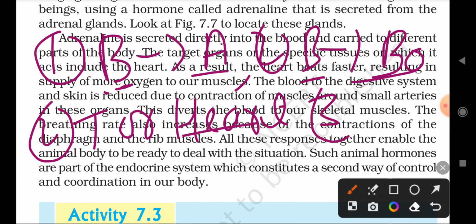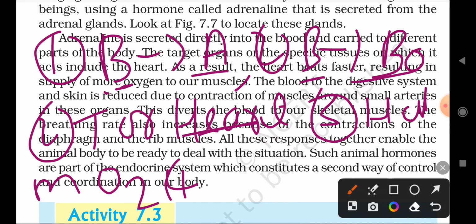Third point: if the adrenal hormone acts on the heart, the breathing and the heartbeat become fast. The heartbeat becomes very fast, resulting in more oxygen being required in our muscle cells.